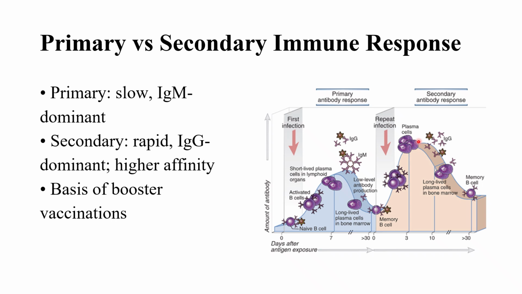This distinction forms the physiological basis for booster vaccinations. By reintroducing an antigen, a booster reawakens memory cells, creating a swift, high affinity immunoglobulin G surge that reinforces long-term protection.